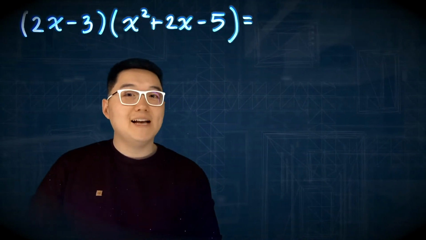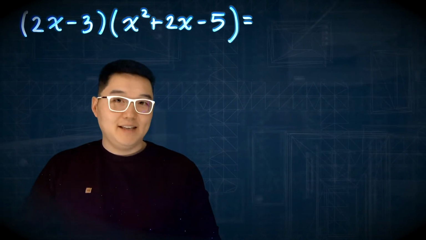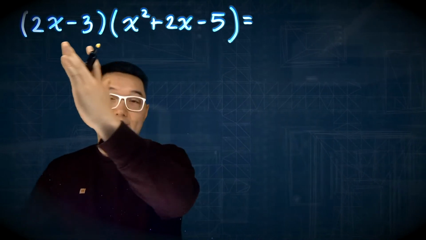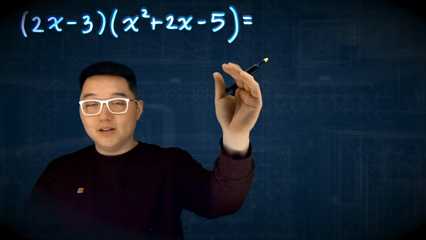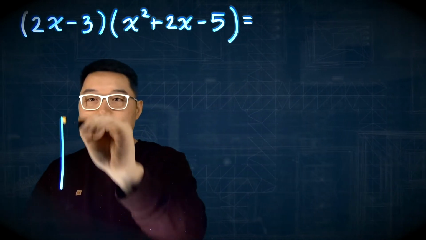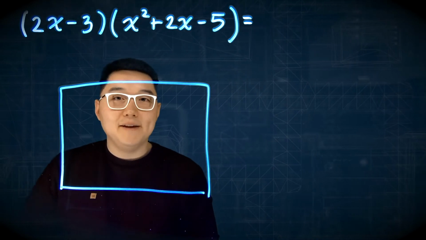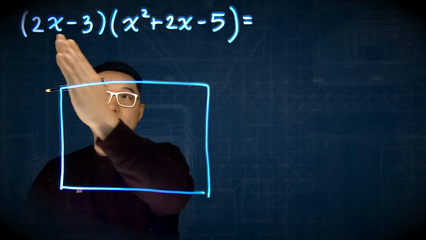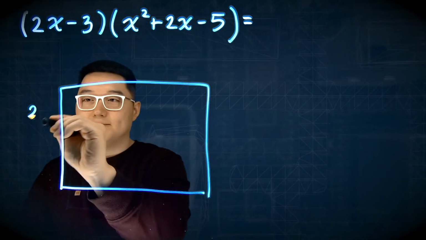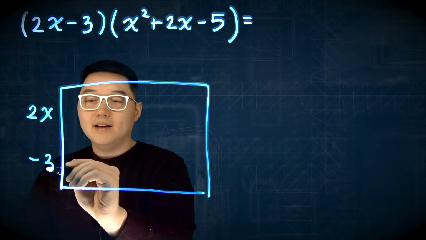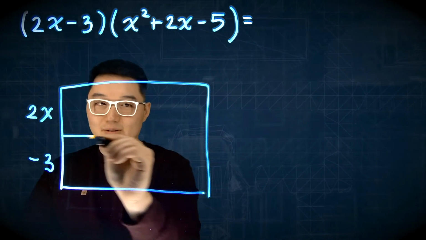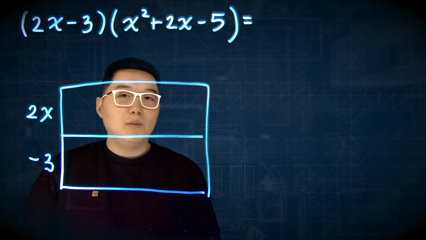Okay, so here's our last example. This is again written as a product of length times width. So let's go ahead and draw a generic rectangle. Now the length is 2x minus 3. That divides the rectangle into two sections. But what about the width?